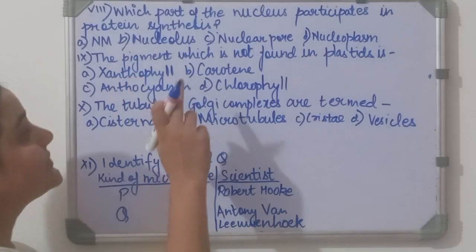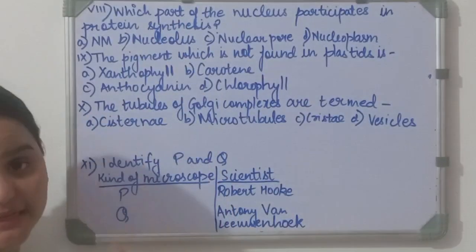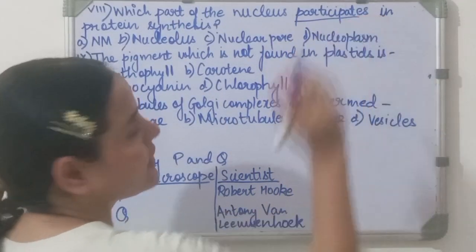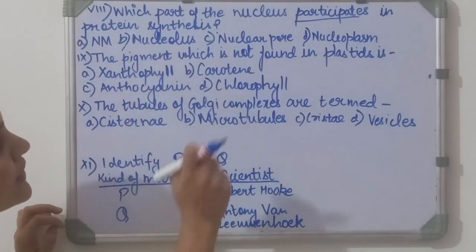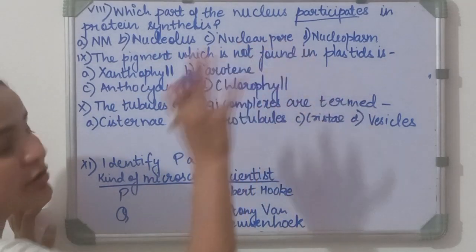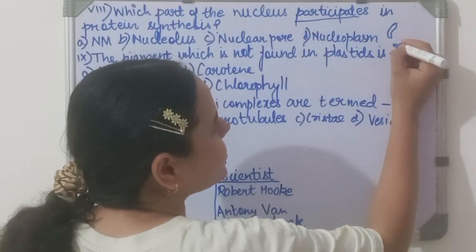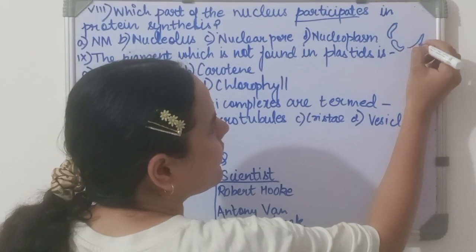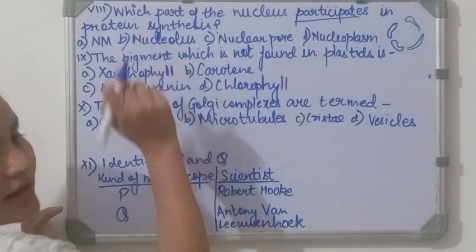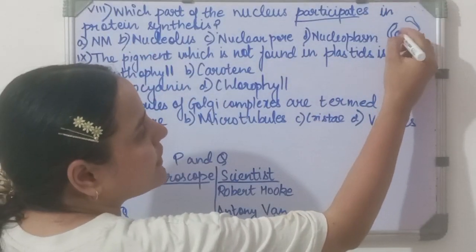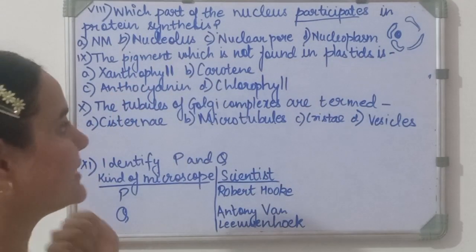Okay. Next question is, which part of the nucleus participates in protein synthesis? Okay. So let's see the options. Nuclear membrane, nucleolus, nuclear pore, nucleoplast. See here I am drawing. This is nuclear membrane. Okay, this is nuclear membrane. This is nucleolus, a small rounded body found in the nucleoplasm. This is nucleolus.